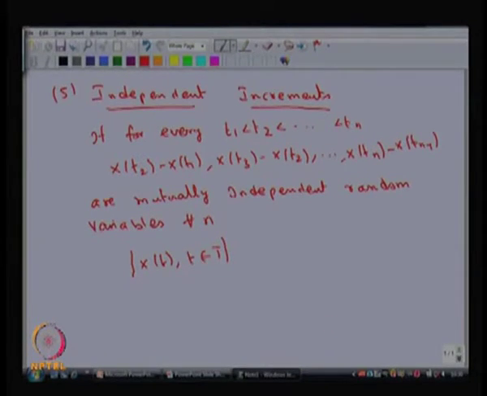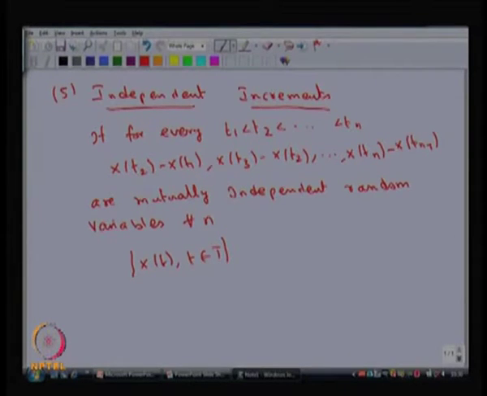So, whenever you take a few t's, t1, t2, tn, and the increments, that is x of t2 minus x of t1, like that till x of tn minus x of tn minus 1. These are all going to be the increments, and each one is a random variable.